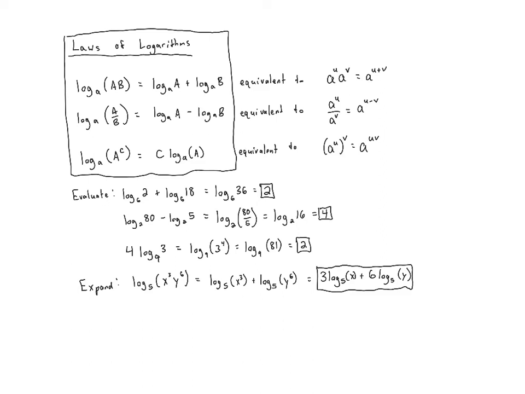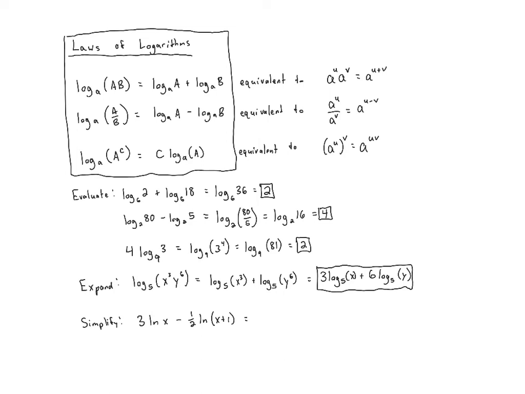We can also go in the other direction, and we can simplify a complex expression that has multiple logarithms into one that only has one logarithm. Let's take a look at 3 ln of x minus 1/2 ln of x plus 1.